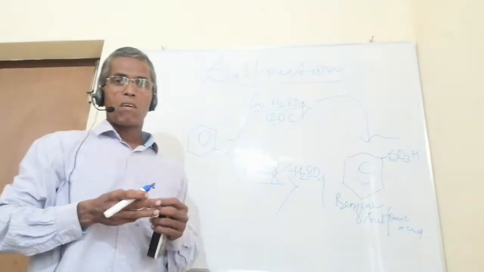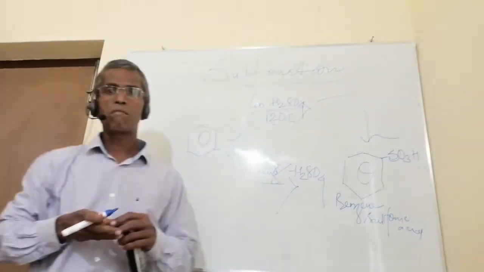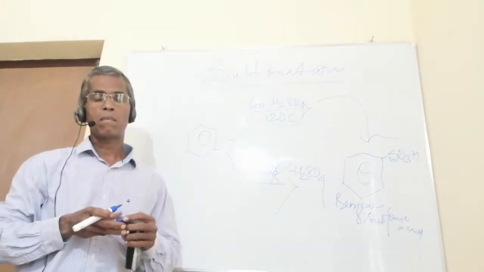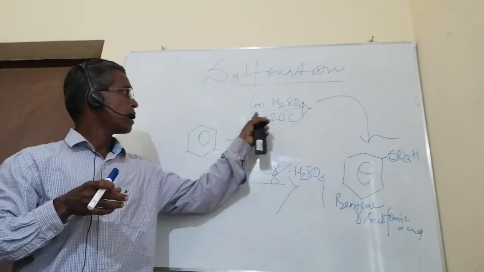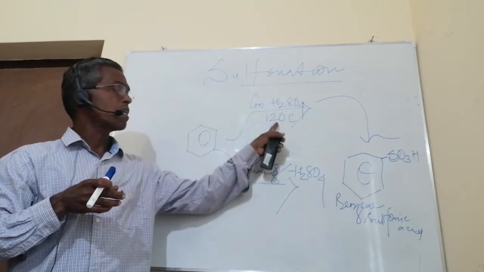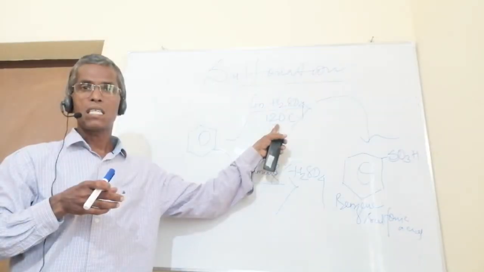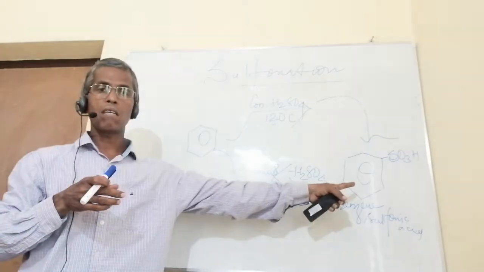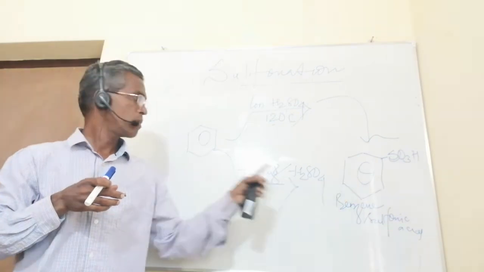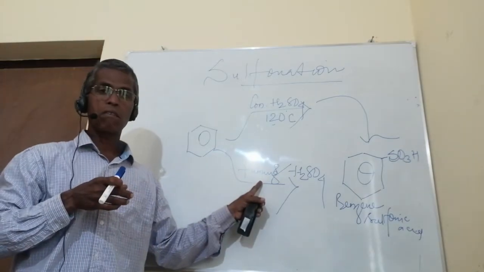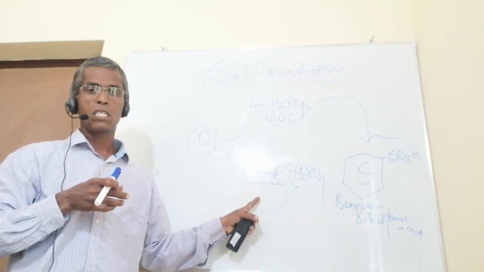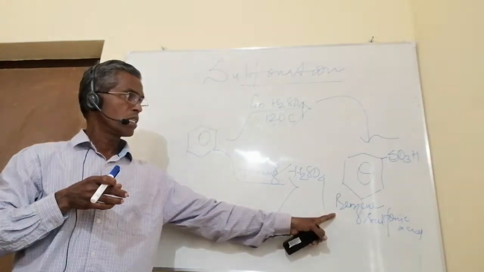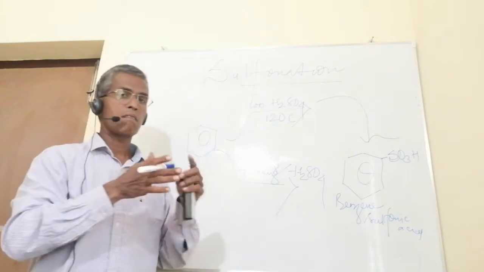So the final product, benzene sulfonic acid, you can prepare in two different ways. One is by heating benzene with concentrated sulfuric acid at 120 degrees Celsius. The product is benzene sulfonic acid. The second method is benzene treated with fuming sulfuric acid at ordinary temperature, that is, at room temperature. The product is the same, benzene sulfonic acid.